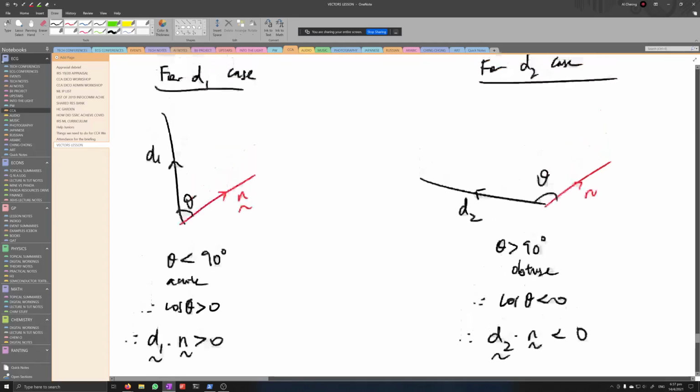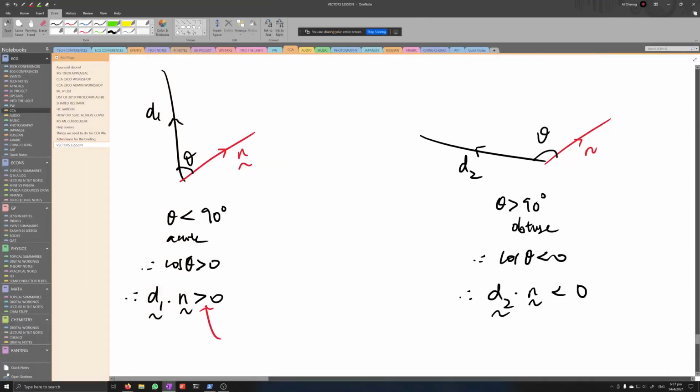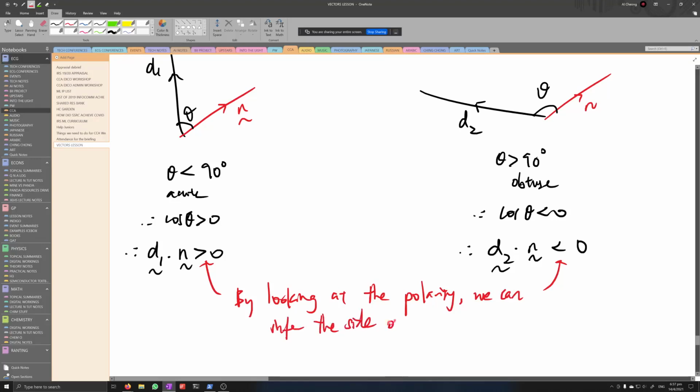By looking at the polarity, you can tell which side of the plane it is.